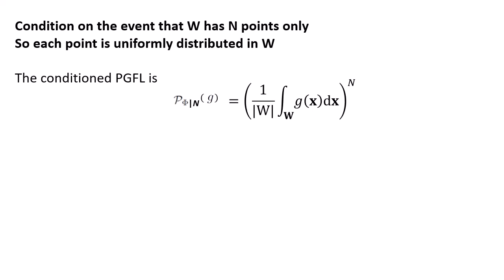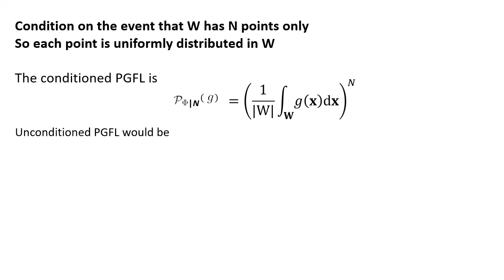You multiply it by g(x) and you integrate it over set W, and because each point is identical, the expectation of the product over n points would be equal to this, multiplied n times, so this to the power n.